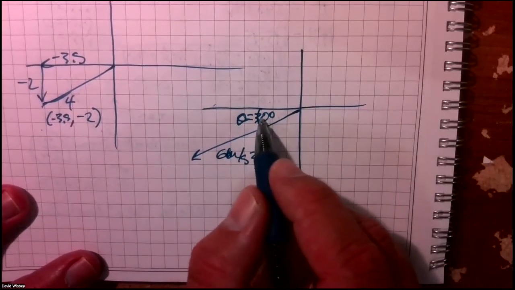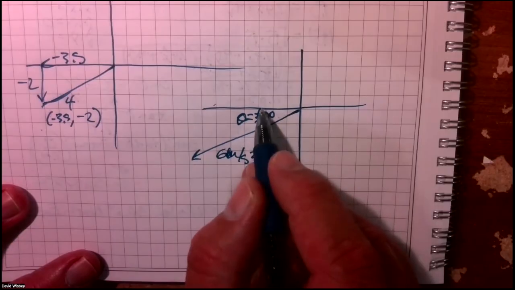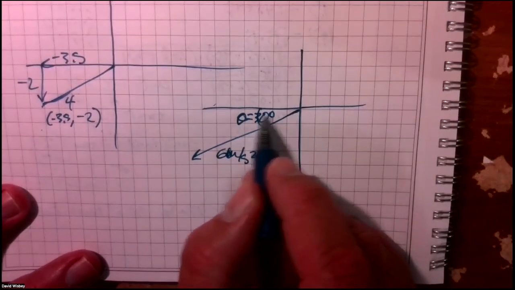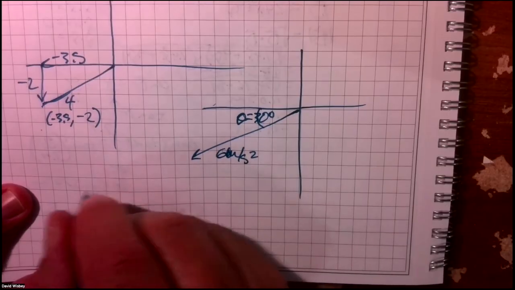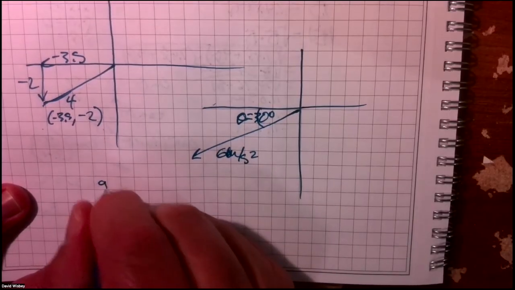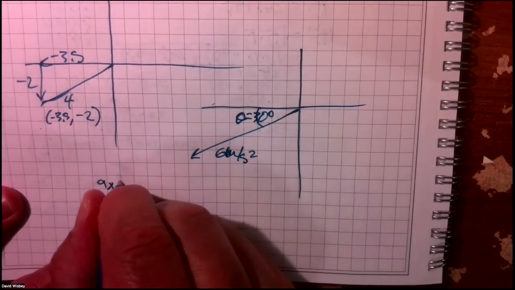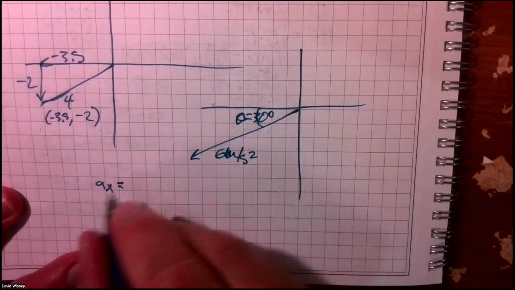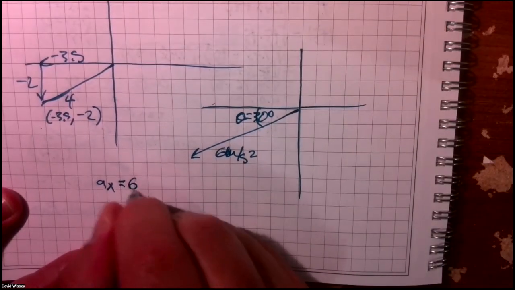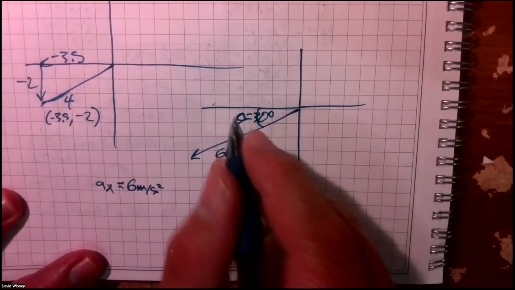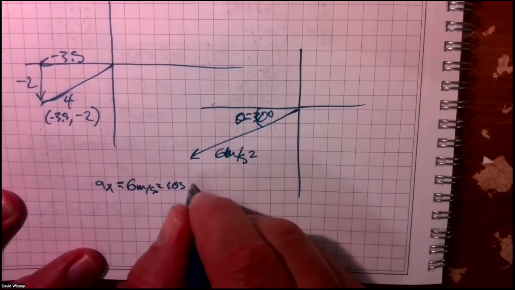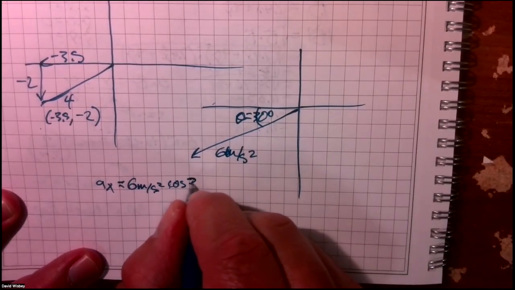We just do the same thing. Right here, if we want to find our x component, it's the adjacent side. So I'll have my acceleration in the x component. My hypotenuse is going to be 6 meters per second squared, and since this is adjacent, it's going to be cosine of 30.